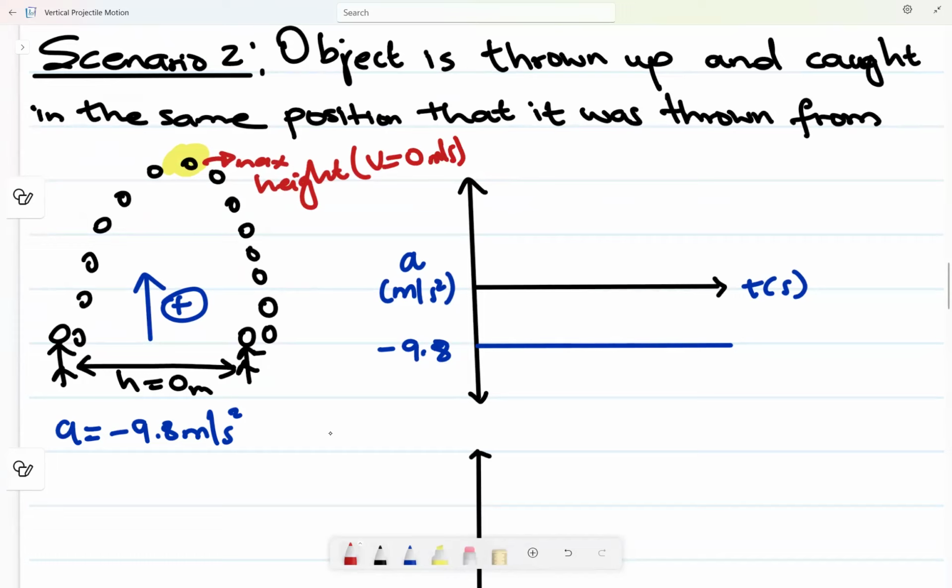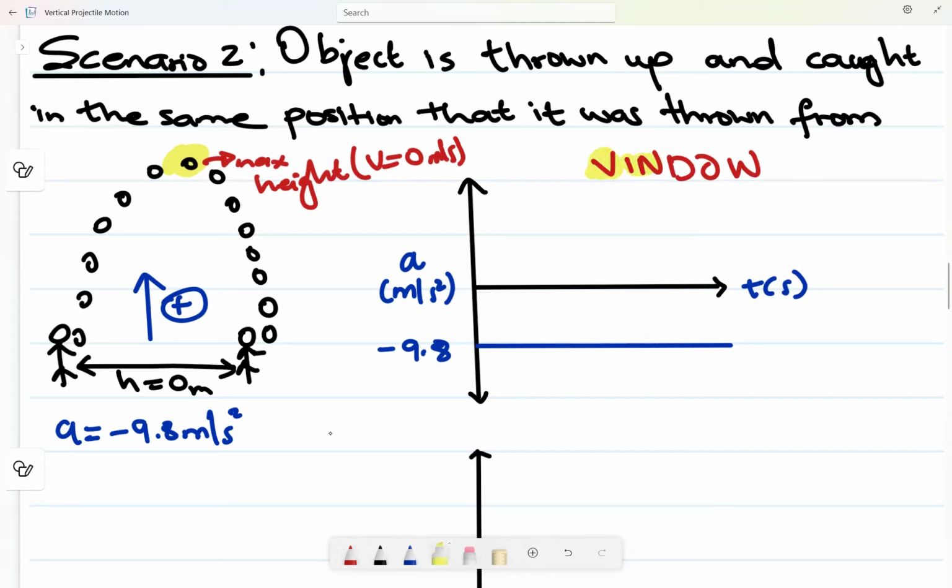Here, we're going to use the analogy of a window. What does the window say? It says velocity increases as you move down.